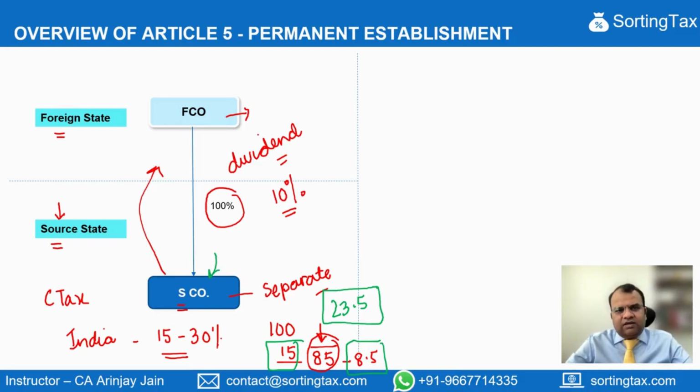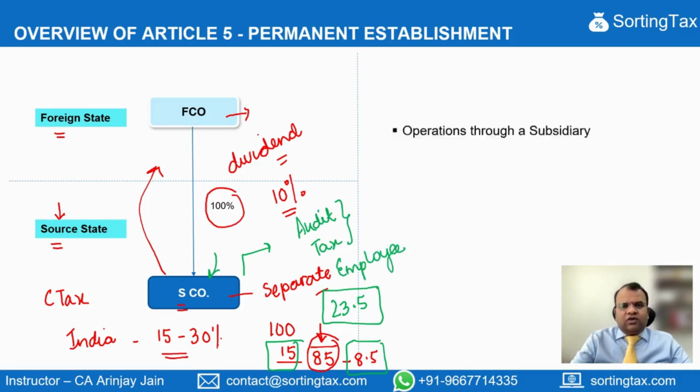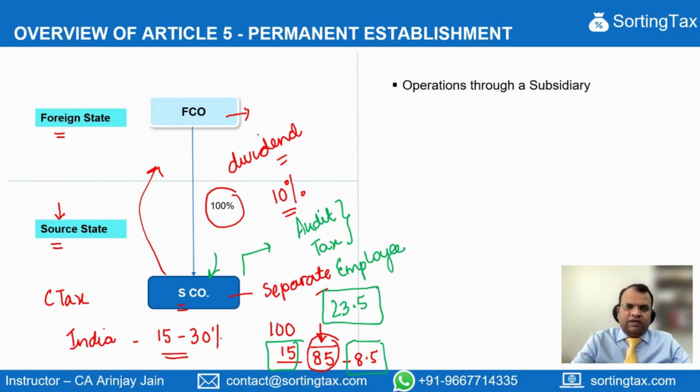The second thing is that whenever a company operates through a subsidiary, there are a lot of compliance costs also applicable, like the audit fees, the tax cost, and employee cost, etc. All these costs are applicable when the operations are done through a subsidiary.